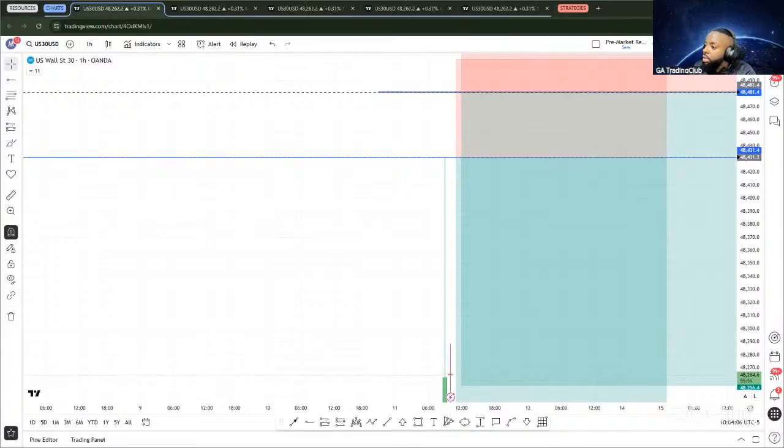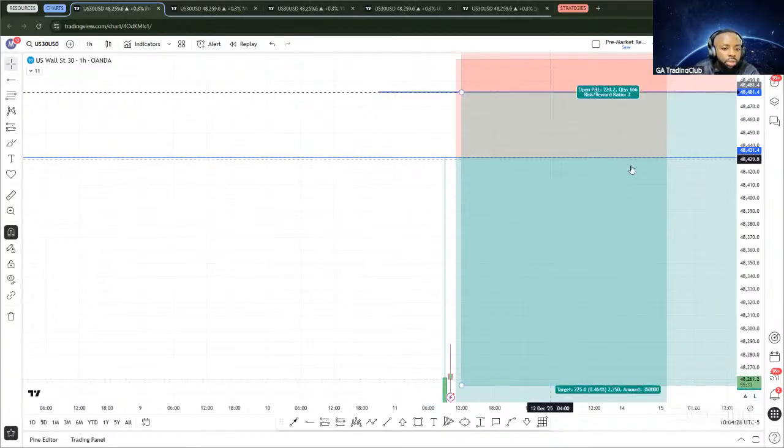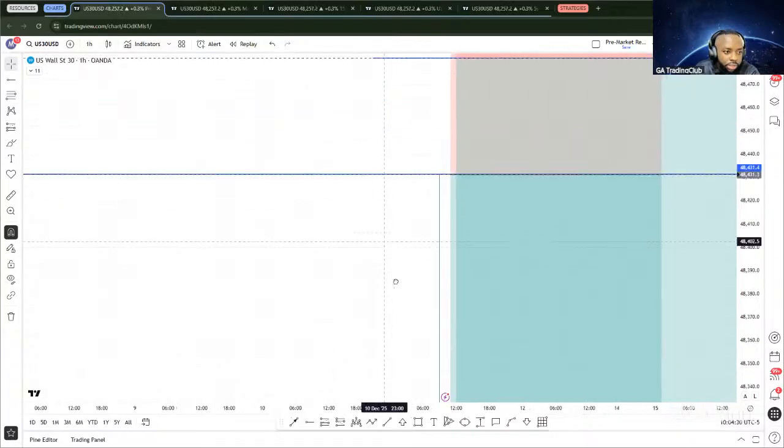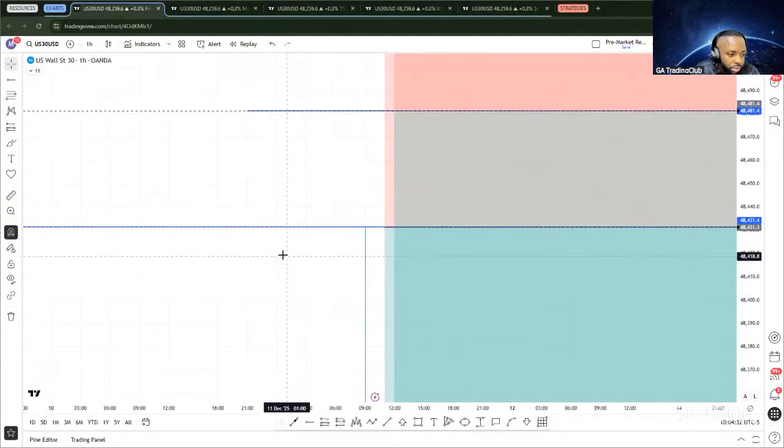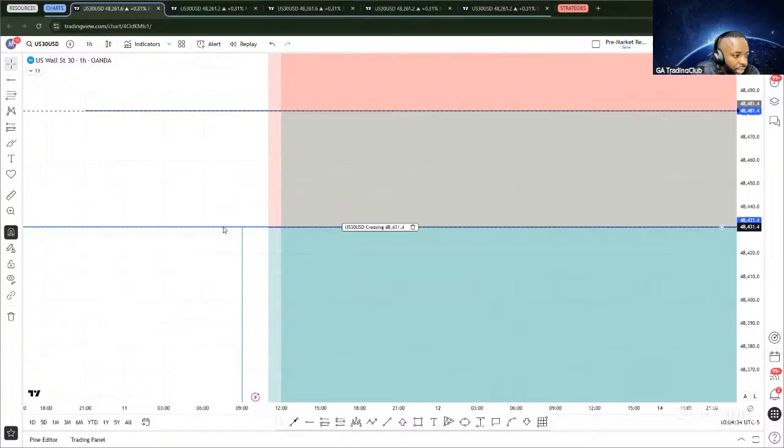And then of course, make sure, at the very least, if you zoom in on this, maybe you can see the high of this wick.